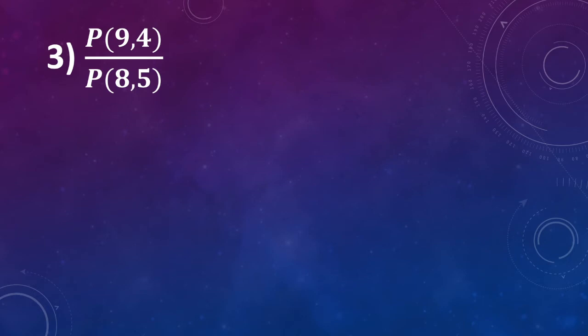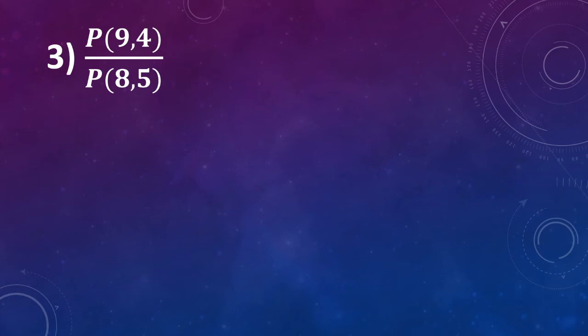Permutation of 9 taken 4 at a time over permutation of 8 taken 5 at a time. Okay, so note, with factorial notation in mind, permutation of 9 taken 4 at a time can be considered as taking 4 consecutive factors starting with 9.